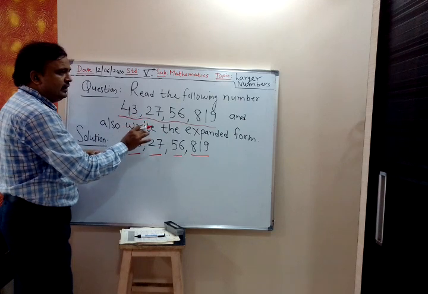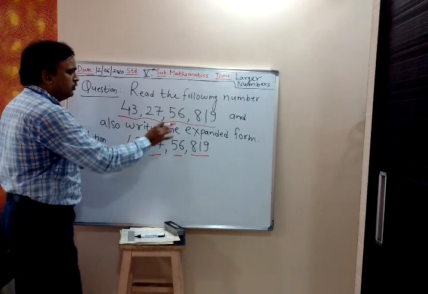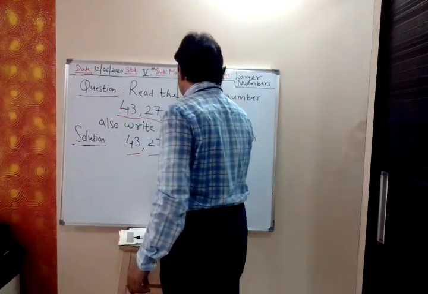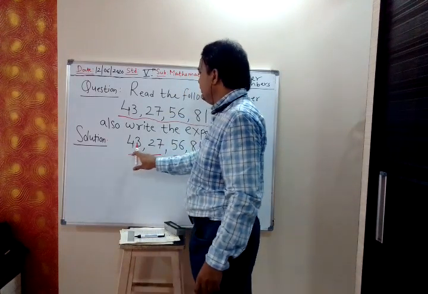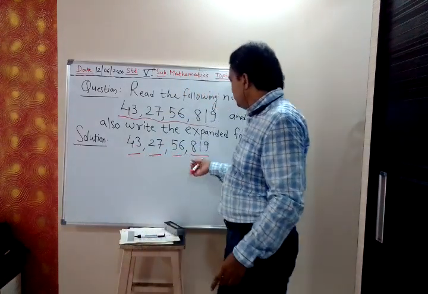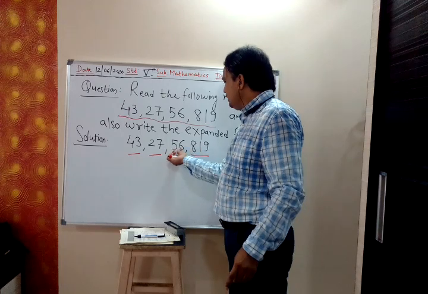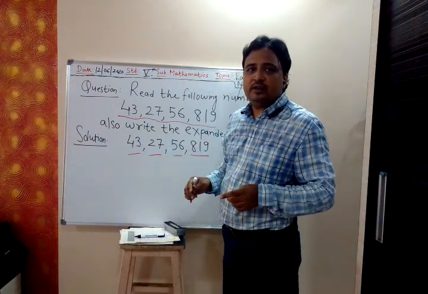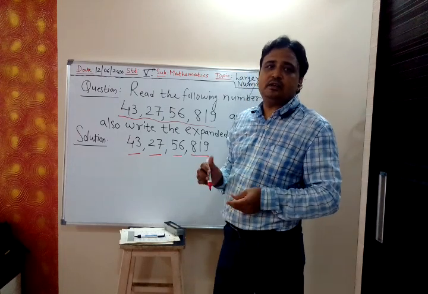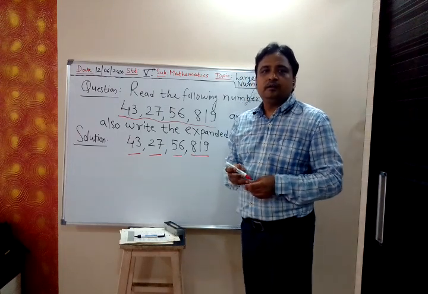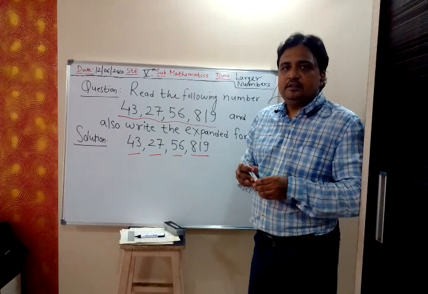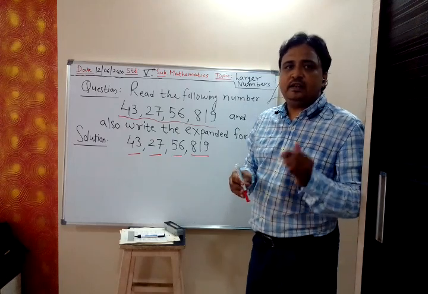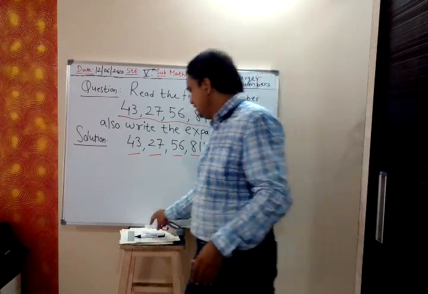So it is 3 digits, then 2 digits, 2 digits, 2 digits. Such type of numeration is the Indian system of numeration.